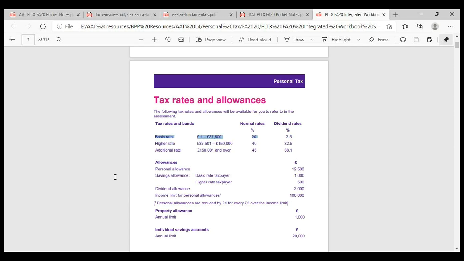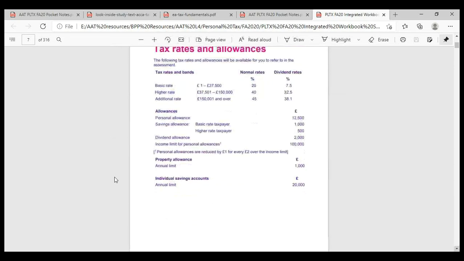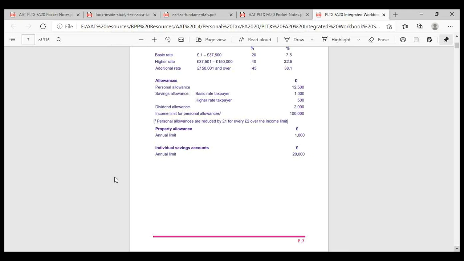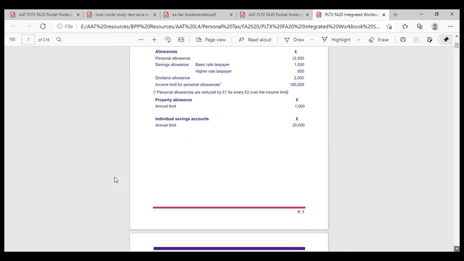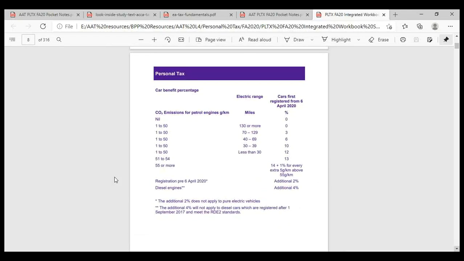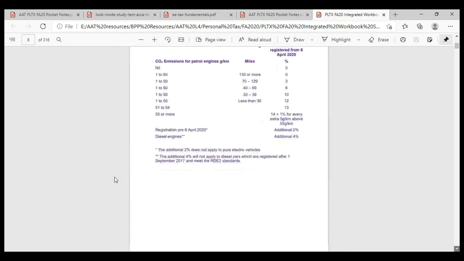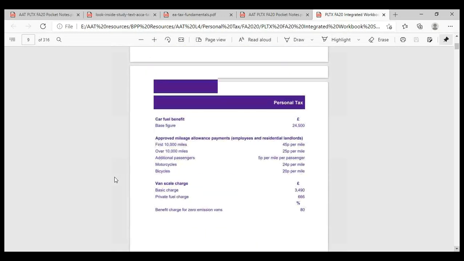Okay, so that's the dividend rate. Then we have, of course, the personal allowance, which carries on changing, depends if you have a car and various others. Then we have property allowance and property income. A lot of things have changed in recent years. Yes, so the car benefits. So these are all the rules.